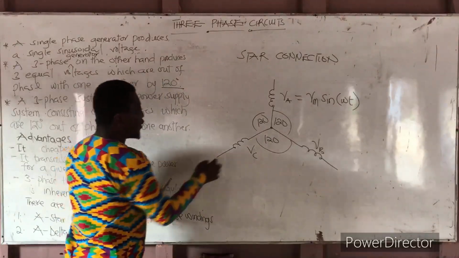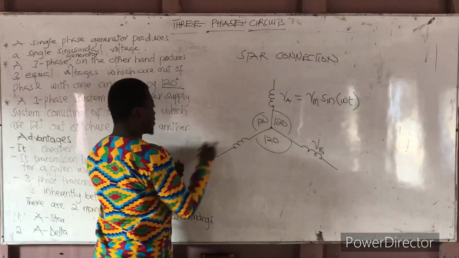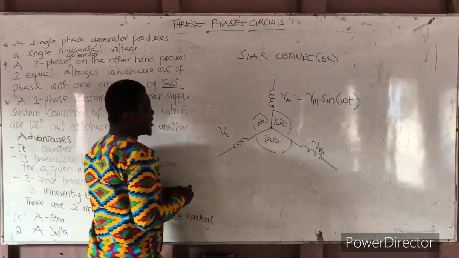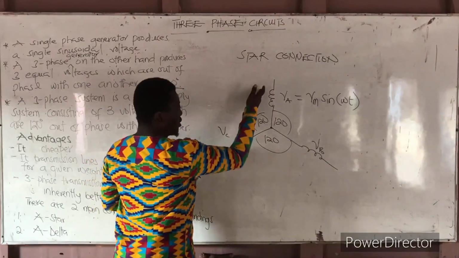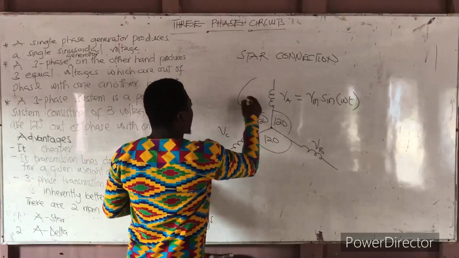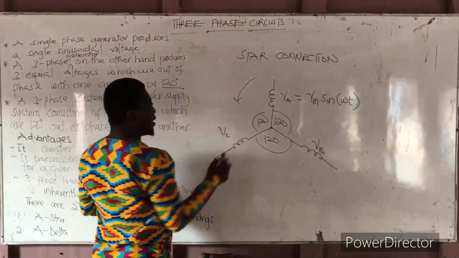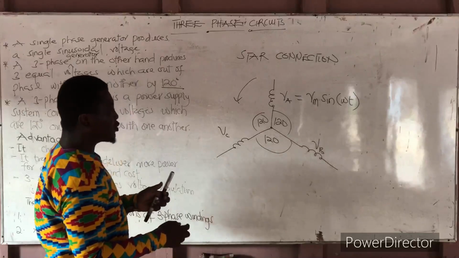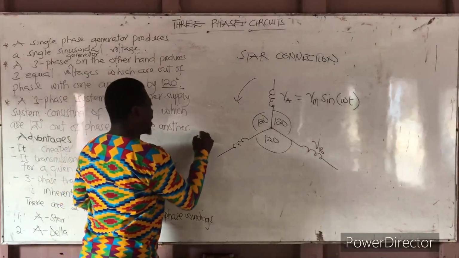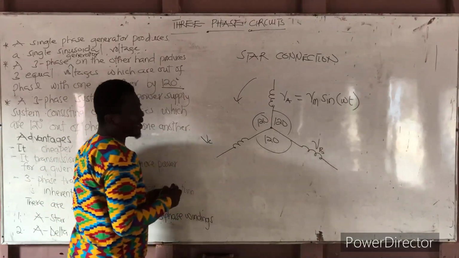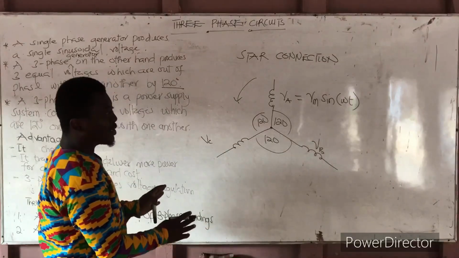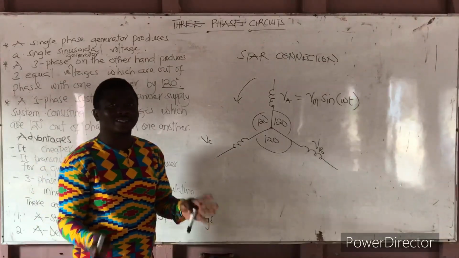So if I want to find Vc, and Vc is anti-clockwise to A, always when you draw the phasor diagrams, reading the angle, going anti-clockwise is positive and going clockwise is negative.